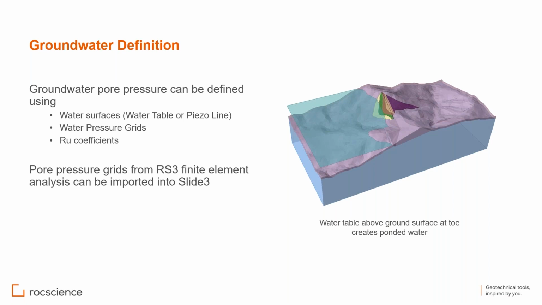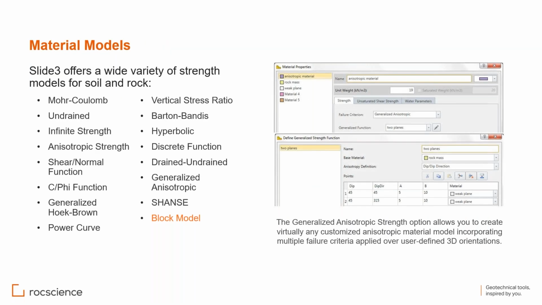You have the option of doing seepage analysis in RS3, and as I mentioned, the advantage of RS3 and Slide3 sharing the same geometry is that you can do the seepage analysis in RS3 and bring the pore water pressure as grids into Slide3. So I'll show you one example specifically for this feature today.